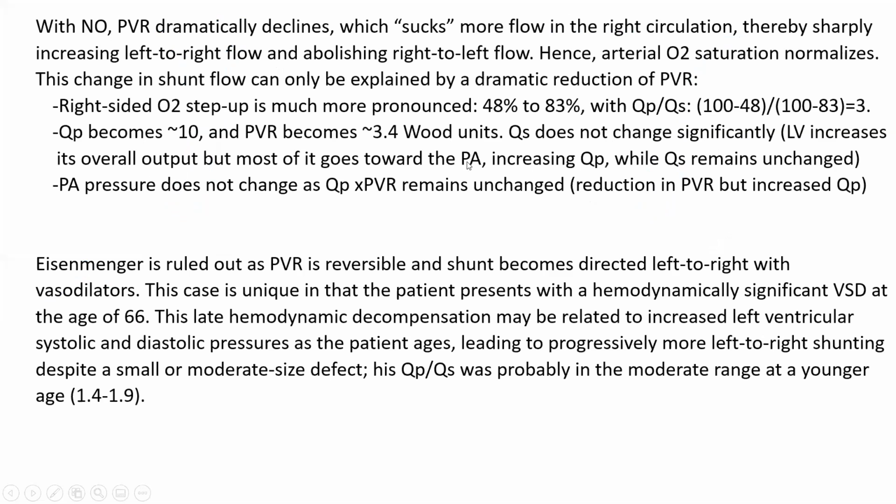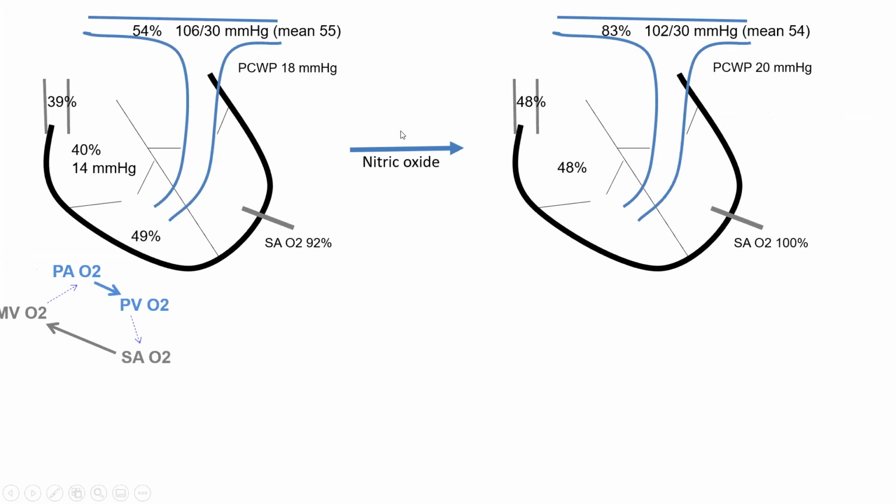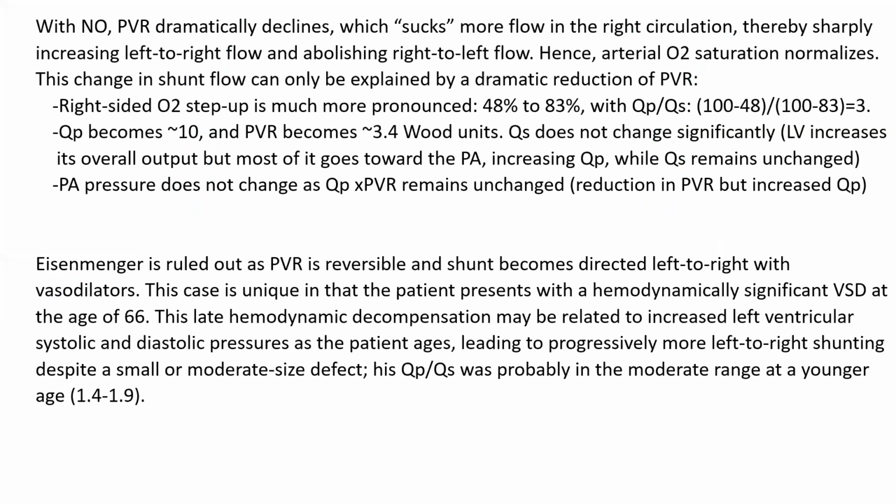So QS did not change much. All right, so now we can tell that we had full reversal of shunt and annihilation of hypoxemia with pulmonary vasodilator and PVR collapse. So this is a shunt that we can close probably with vasodilator therapy in a specialized center. But this is a shunt that can be closed with pulmonary vasodilator therapy perioperatively.